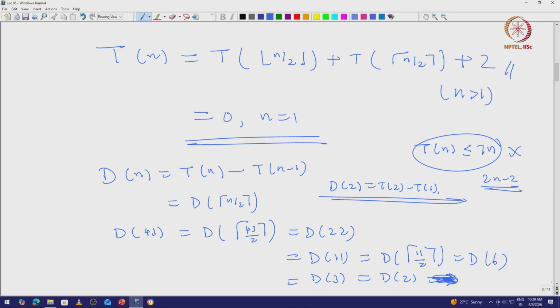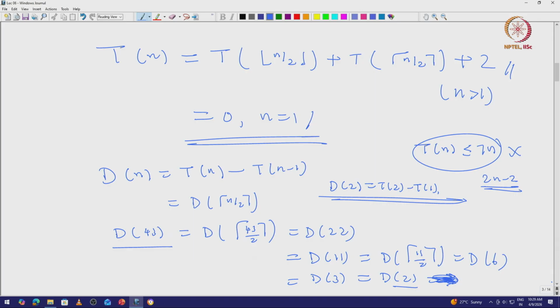D of 2 is T2 minus T1. T1 I know is 0. So, I know that d of 43 is d of 2. In fact, d of anything will be d of 2. Why? It keeps reducing like this, finally it will end up in 2, for any value. Keep dividing by 2 and take the ceil.